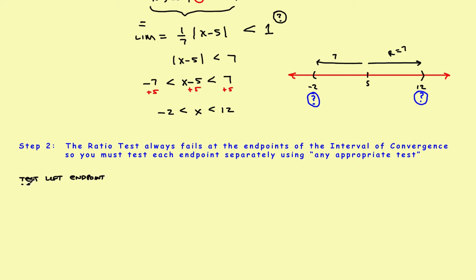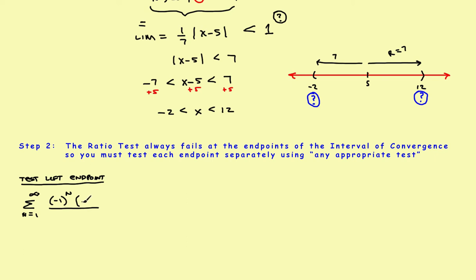To test the left endpoint, take the left endpoint and plug it into the original series. So we had the summation from n equals 1 to infinity, and our original series was -1 to the n, and we had x minus 5, but we're going to plug in a -2.